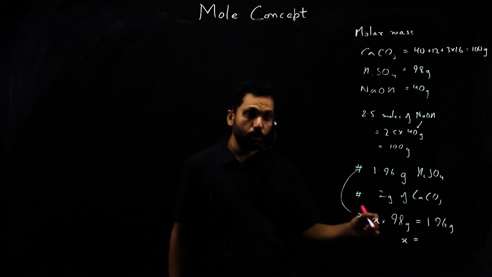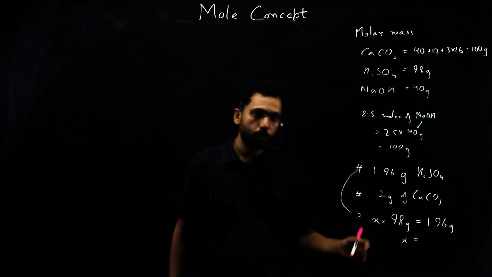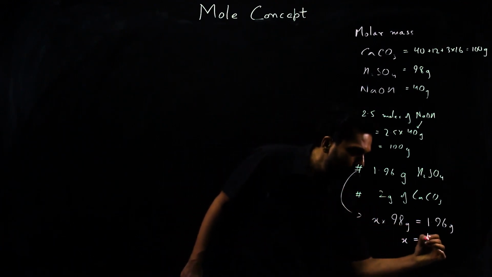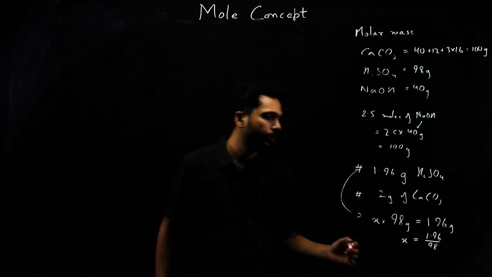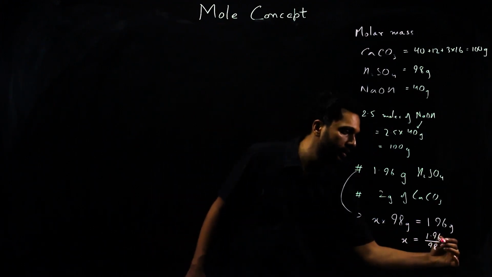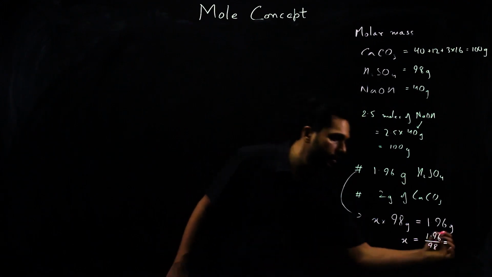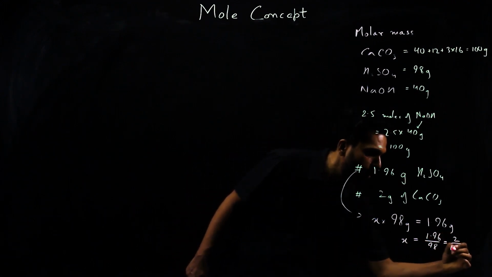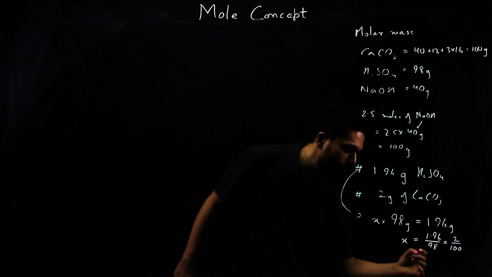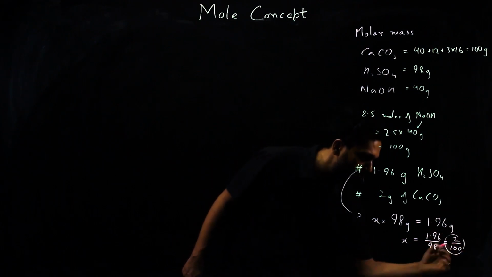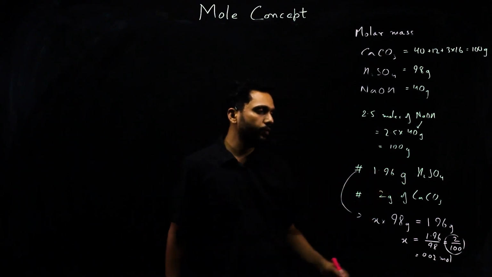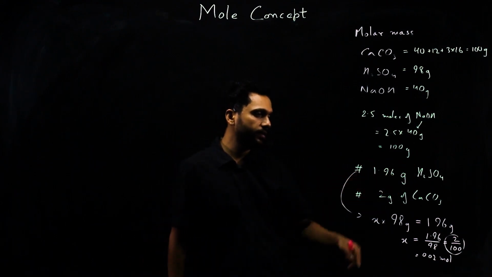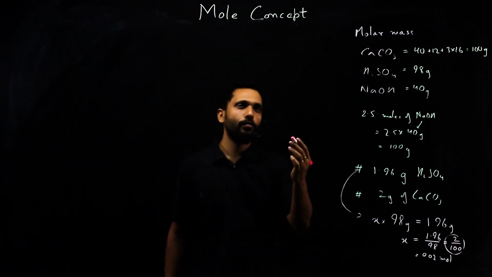So X over here would be 1.96 divided by 98. Double of 98 is 196. So it is 2 by 100. So 0.02 moles of H2SO4 sulfuric acid will make 1.96 grams. So we can have a very simple formula over here.